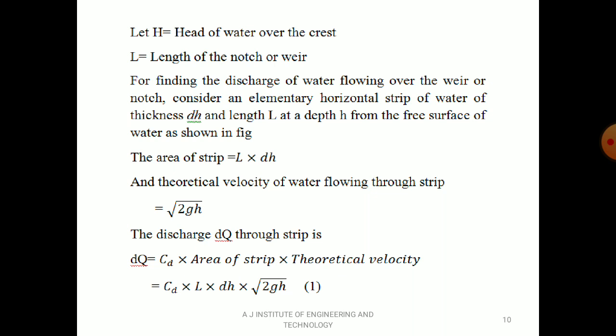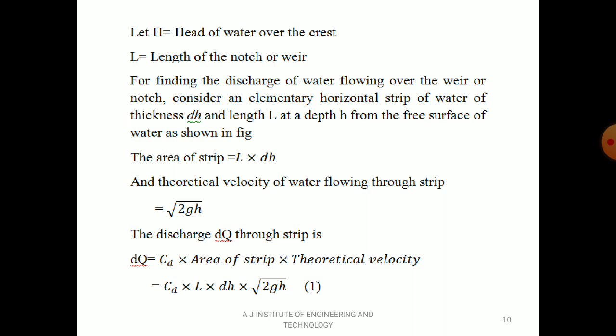The discharge dq through the strip is given by Q equals A into V, area into velocity. Here we consider one small strip, so the discharge becomes dq, a small discharge. dq equals Cd into area of the strip into theoretical velocity. Now why this Cd?